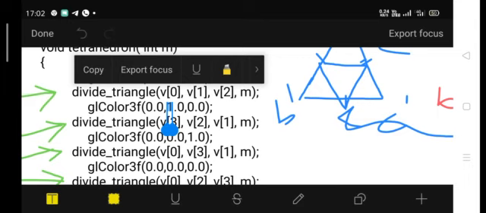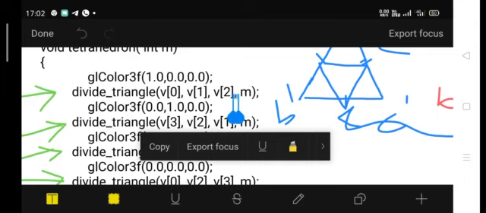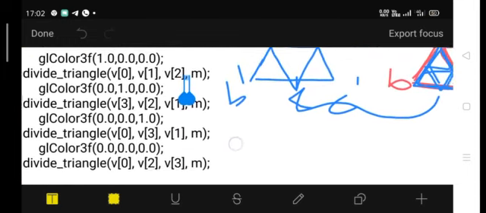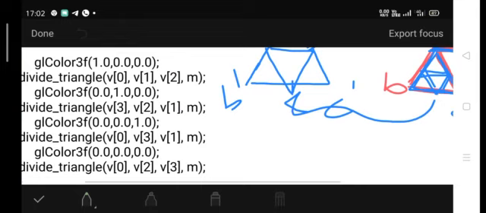So we are defining it as v0, v1, v2, then v3, v2, v1. Just follow the sequence here: v0, v3, v1 as well as v0, v2 and v3.